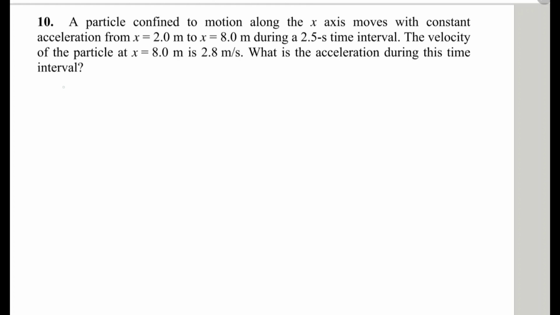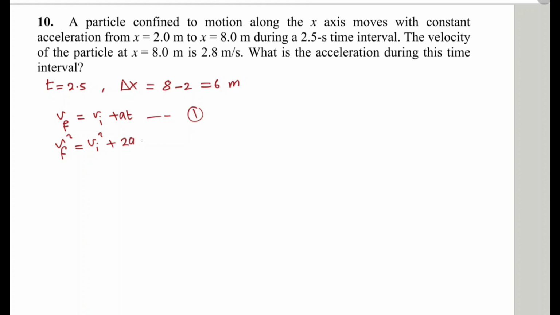Now we have here time equal to 2.5 seconds, and delta x is equal to 8 minus 2, or 6 meters. Now use the equations of motion. V final equals V initial plus AT, and this is equation number 1, and V final squared equals V initial squared plus 2A times delta x.